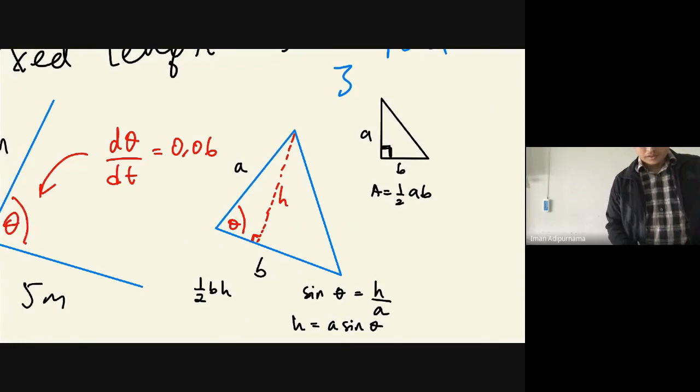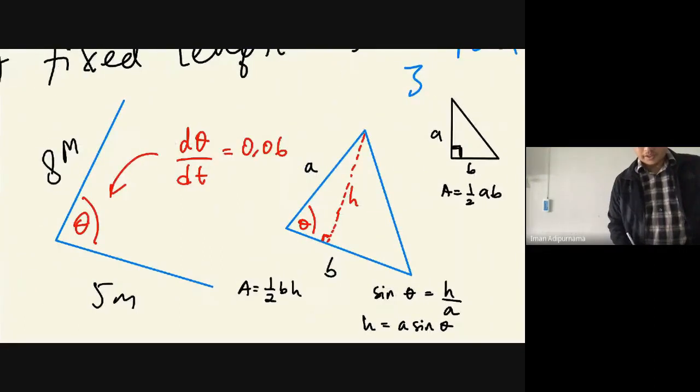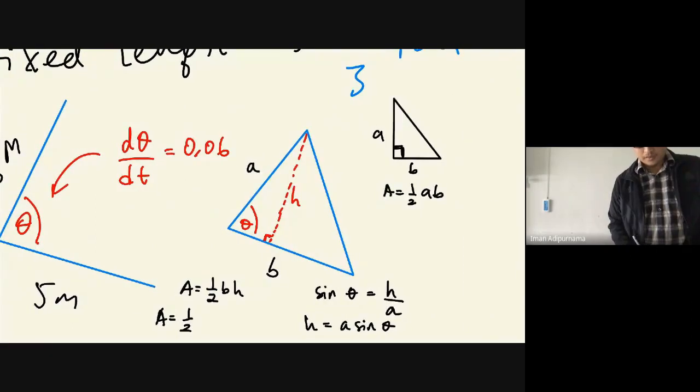So you can have your area as half a b sine theta.